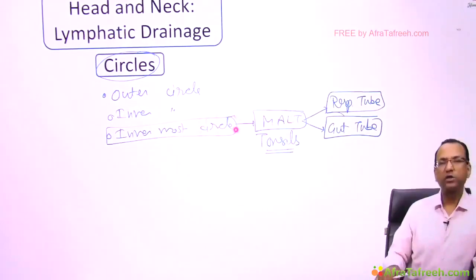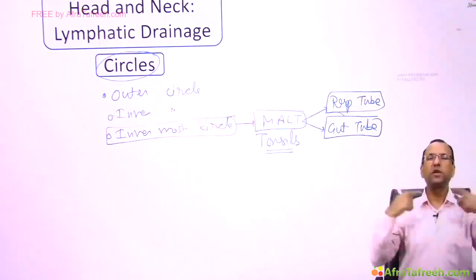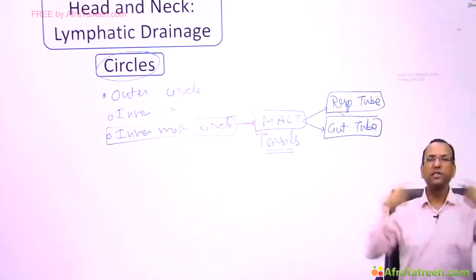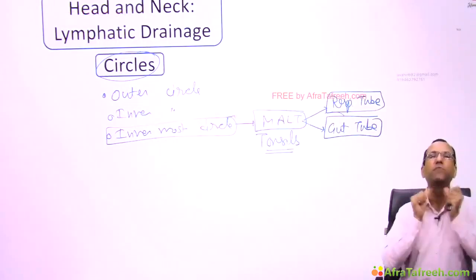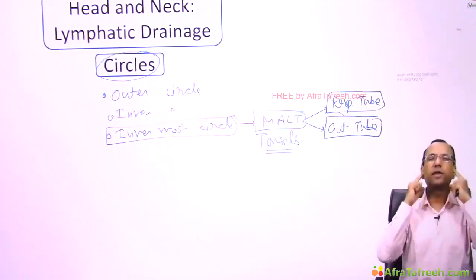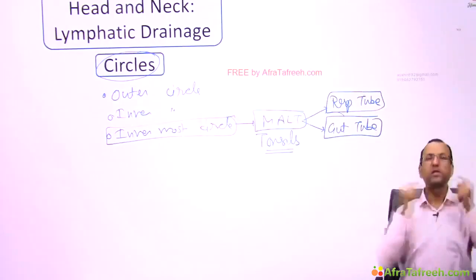Then what is the outer circle? Because this is the cervical neck region, the outer will be something like the submental lymph node, submandibular lymph node, pre-auricular lymph node, then post-auricular lymph node, occipital lymph node. So this is the outer circle.